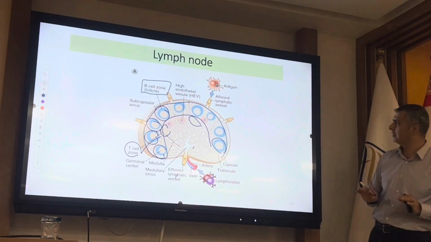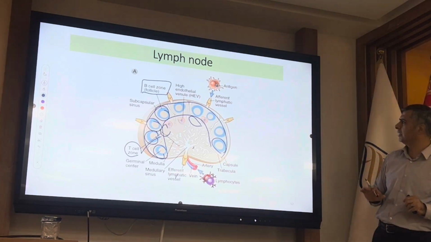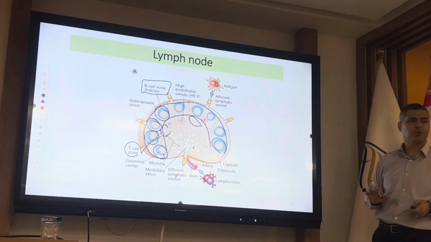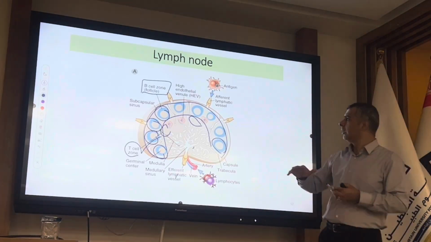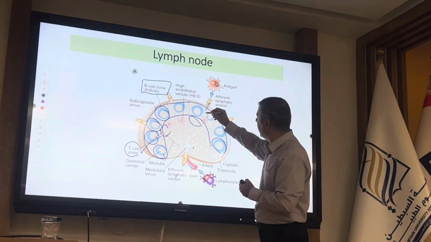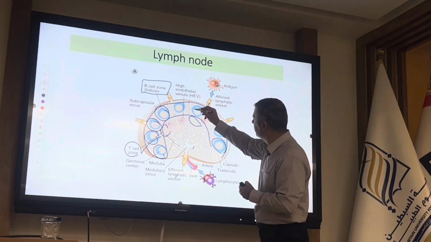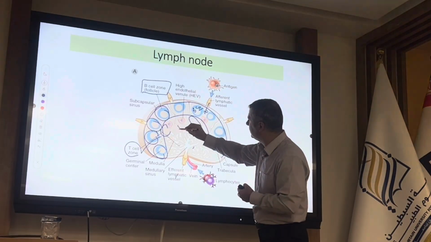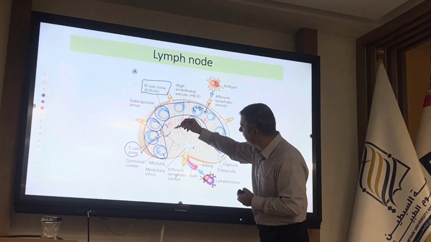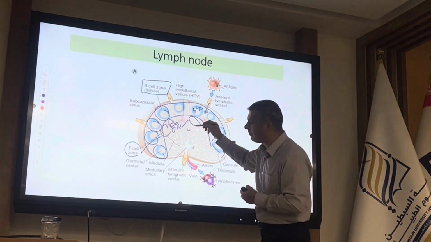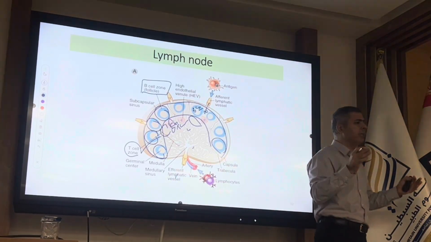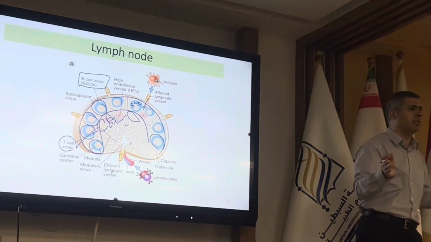That's enough, I think. I'm not going to talk about the details anymore. No question? So, if there is any antigen, we have B cells here and T cells here. Again, we have dendritic cells here, and macrophages here. Without APCs, we won't have any T cell response.